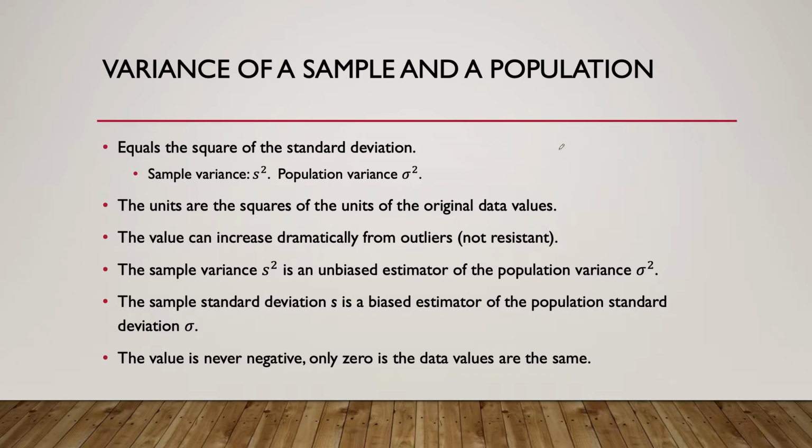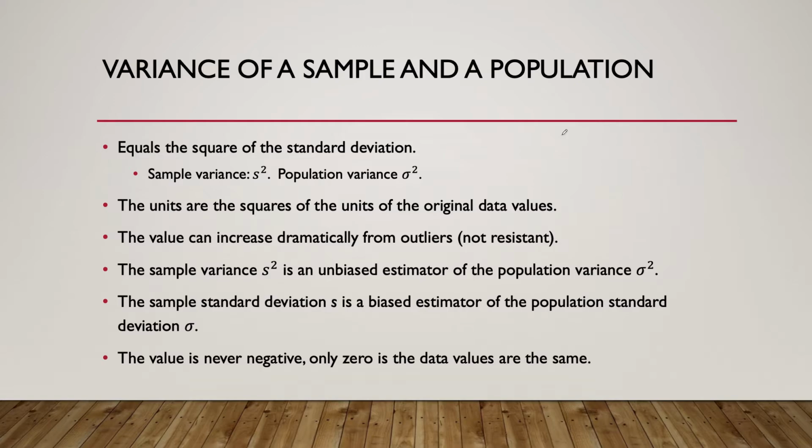The sample variance s squared is an unbiased estimator of the population variance sigma squared. The sample standard deviation s is a biased estimator, however, of the population standard deviation sigma. The value is never negative, only 0 if the data values are the same.